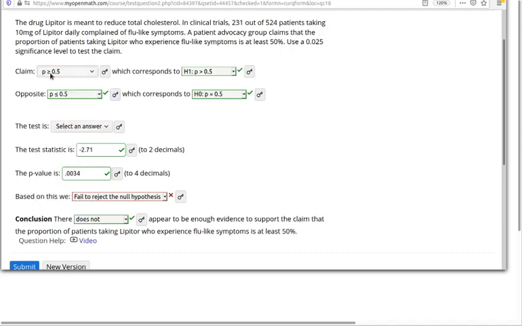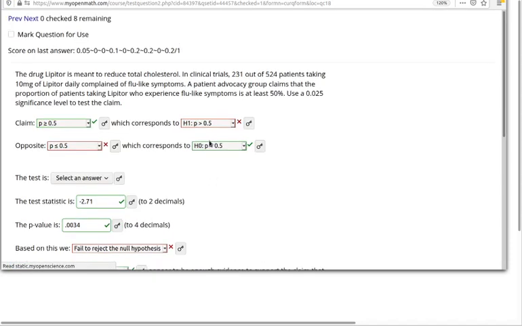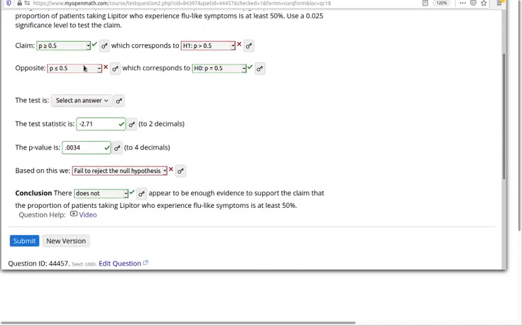Now what should happen is everything else is going to be marked incorrect in this top portion, because my opposite is no longer the opposite of the claim. So now everything that was marked correct earlier is now incorrect. The null hypothesis is still correct because that comes from the opposite, which has an equal sign in it.